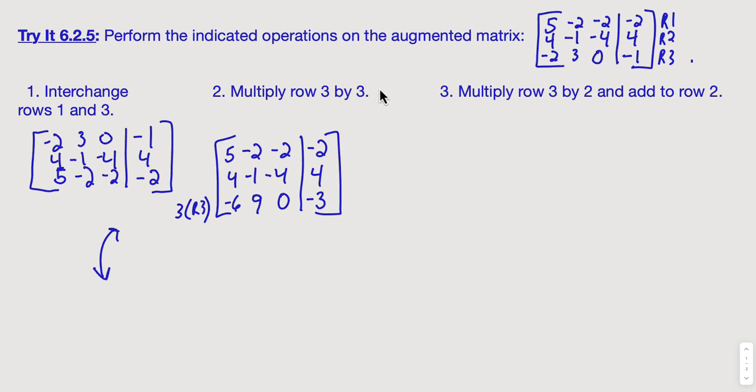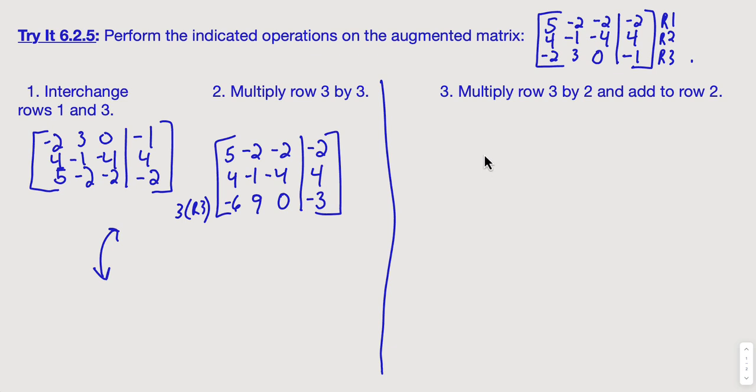All right, so in this last part of this try exercise, number 3, we're asked to multiply row 3 by 2 and add that to row 2. So our first and third rows are going to remain the same. It's the second row, because we're adding to row 2, that's going to change.